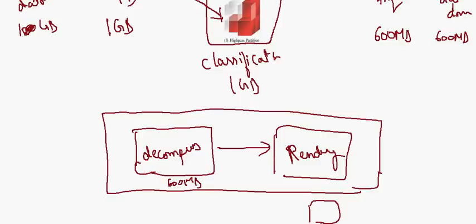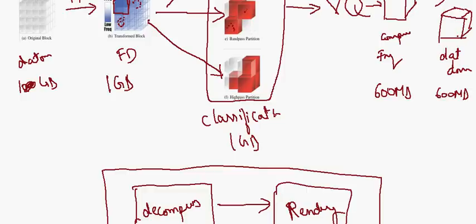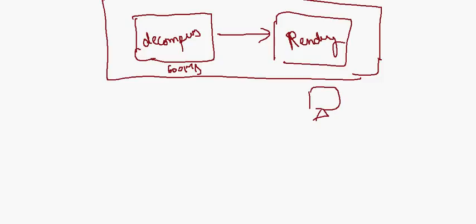Now, why did I classify the data into 3 parts, that is low pass partition, band pass partition, and high pass partition? That may be the question that is in your mind. So why did I do the classification?